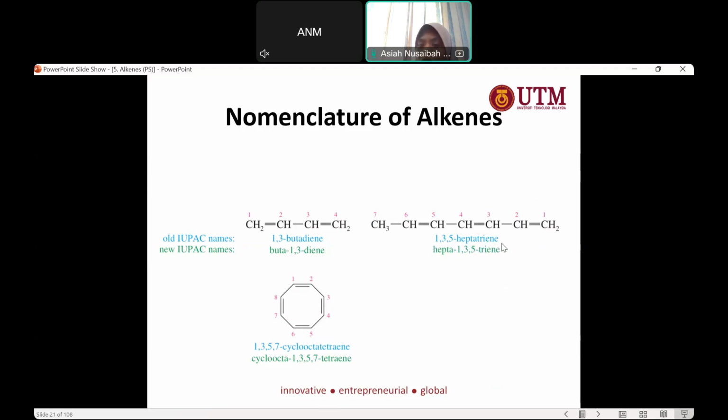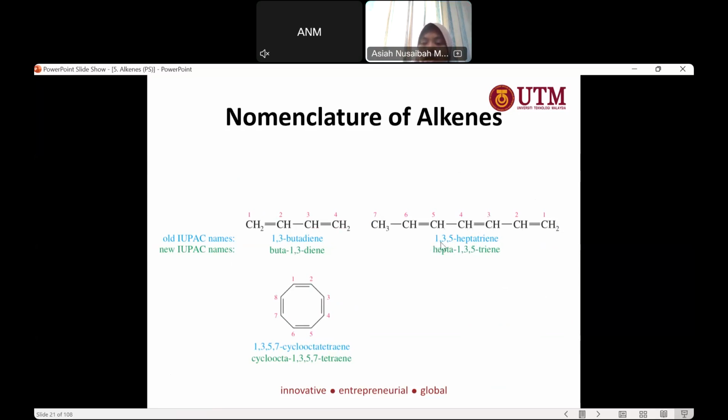How many carbons in total? Hept, 7. 1, 2, 3, 4, 5, 6, 7 carbon. So 7 carbons. At which carbon are there double bonds? Carbon 1, 3, and 5.